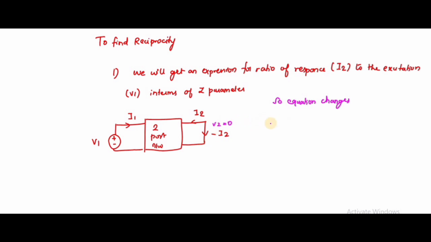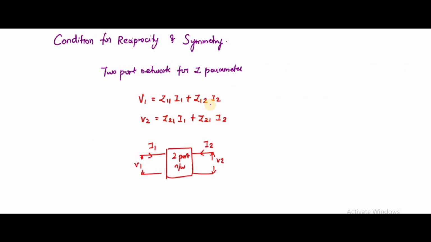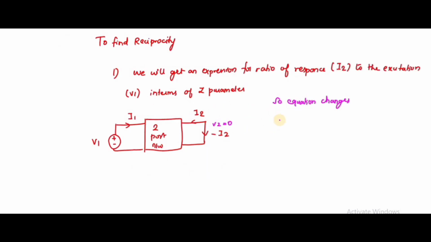You can see in this that V1 is equal to Z11 I1 minus Z12 I2, because here I2 is minus I2. And V2 is 0, so 0 is equal to Z21 I1 minus Z22 I2. I need to get the expression in terms of I2 by V1.